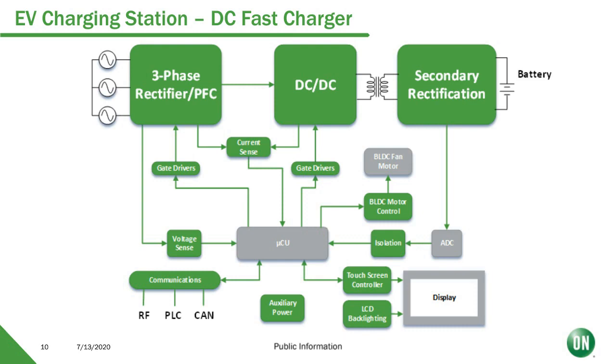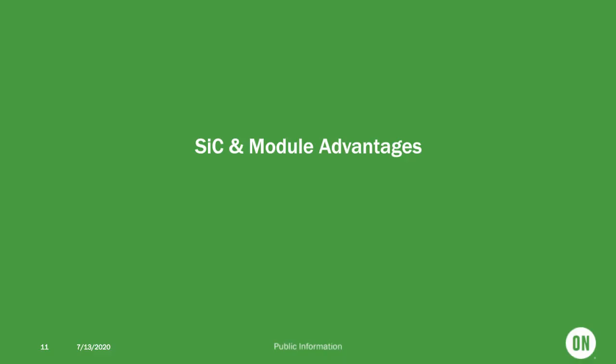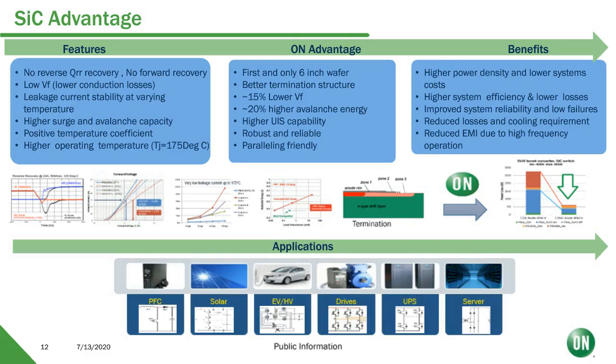So now with the overview, we'll change gears to what silicon carbide provides in terms of advantages to these systems compared to traditional silicon power semiconductors. First, there is no reverse recovery or Qrr characteristics in silicon carbide, or very little compared to a superjunction MOSFET or IGBT technology.